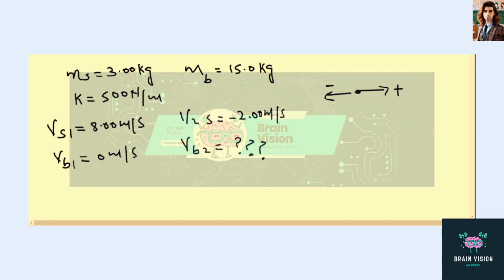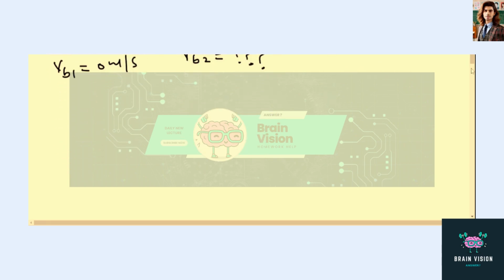In collisions of all kinds, since there is no external net force on the system, the total momentum before the collision equals the total momentum after the collision. So P1 is equal to P2.